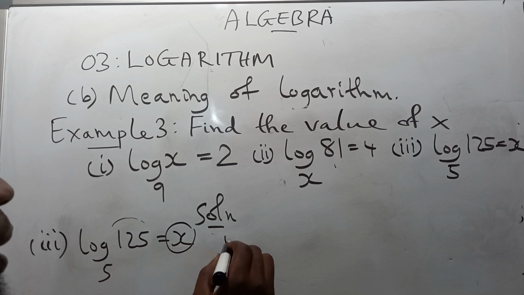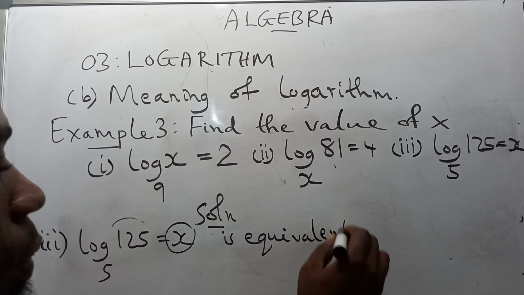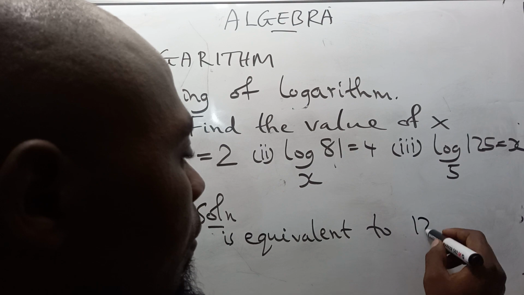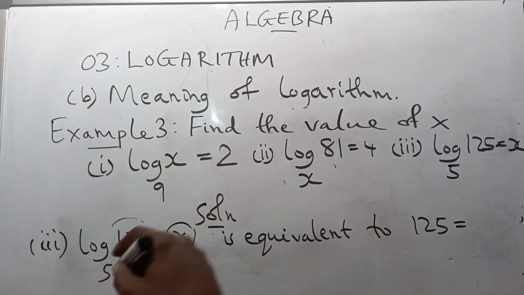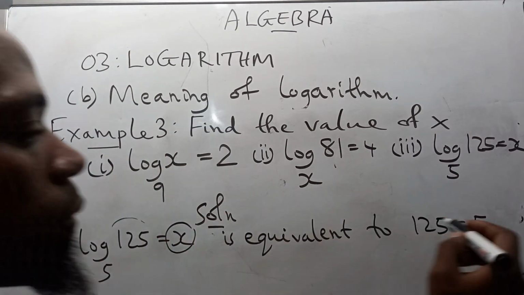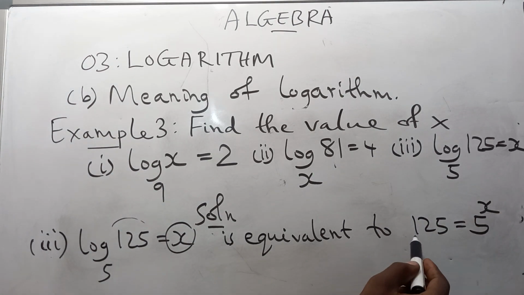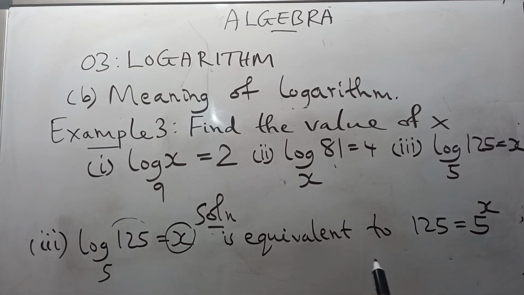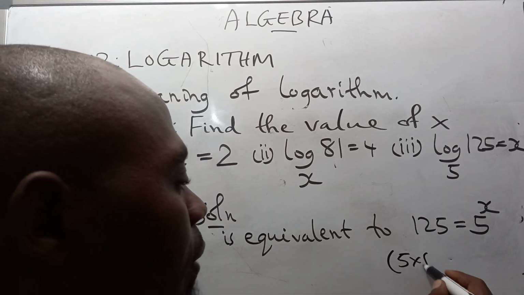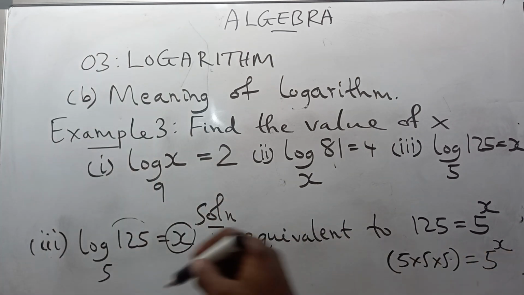This logarithm is equivalent to the given number 125 is equal to the base 5 raised to the power of x. In order to find the value of x, we must write 125 in terms of base 5, which means 5 times 5 times 5 is equal to 5 raised to the power of x.